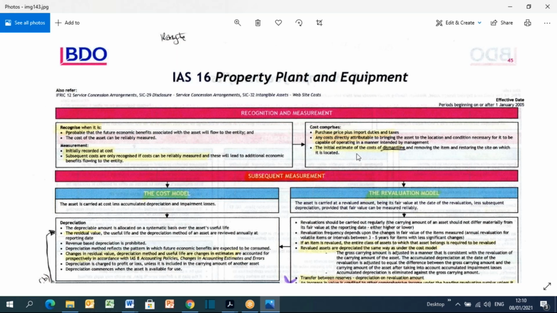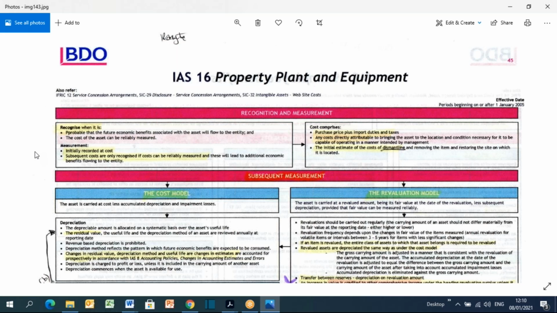And the initial cost will also include dismantling and removing the item and restoring the site, and you will find questions in the revision kit about this topic in here. So highlight the topic as you go along, highlight the topic that you found a question on, and also annotate in here, or like I did in here, the question number and the part of the question.